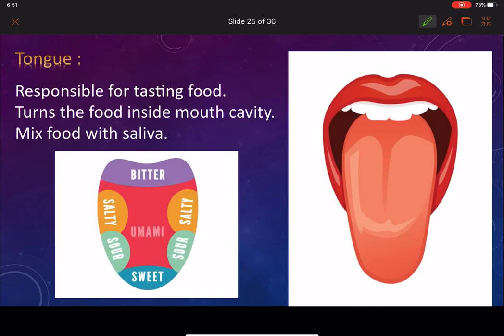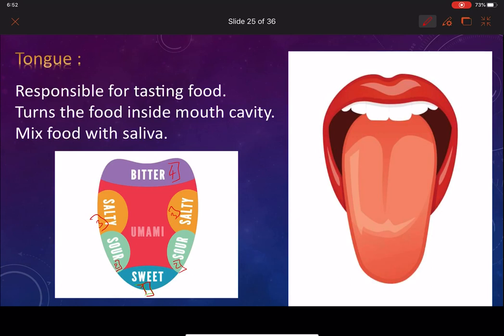This picture shows us the parts of the tongue which are responsible for tasting different types of food. The first part is the front part of the tongue, which is responsible for tasting sweets, and the second part is responsible for tasting sour food, and the third part is responsible for tasting salts, and the last one is responsible for tasting bitter food.